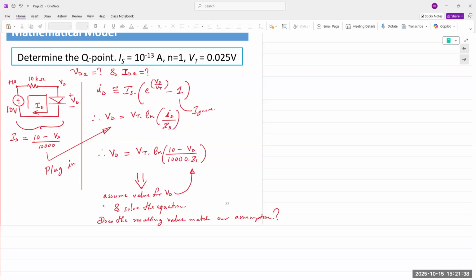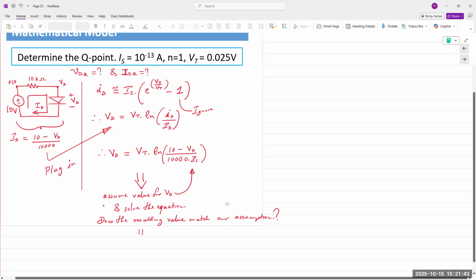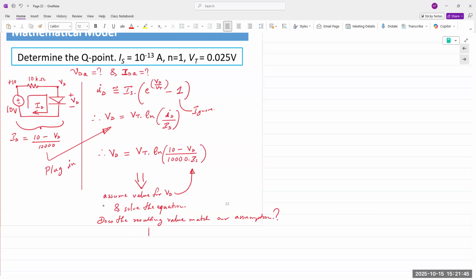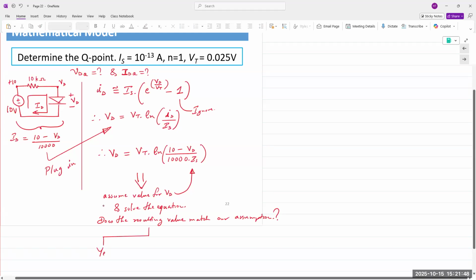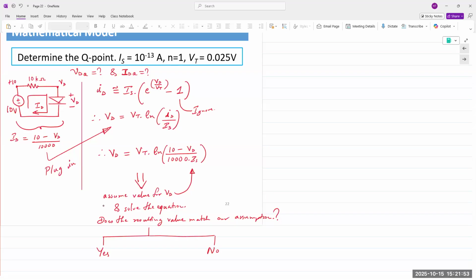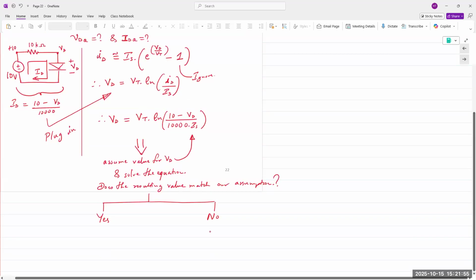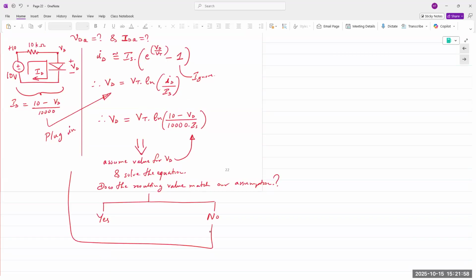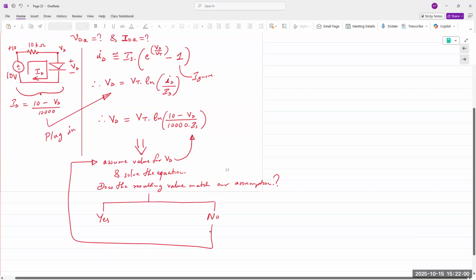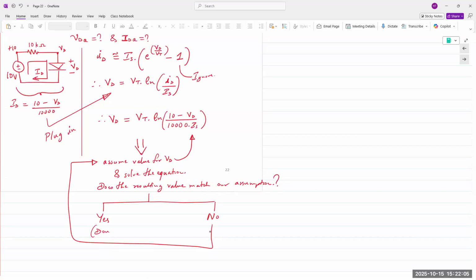Does it match our assumption? Yes, then you're done. No, go back to the top. And you keep doing it until you get a yes as the answer.